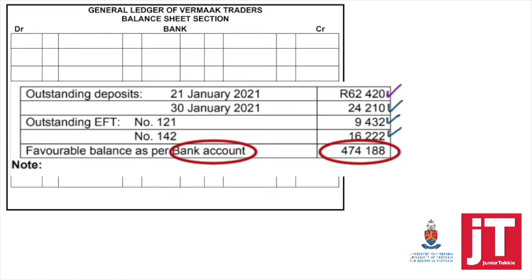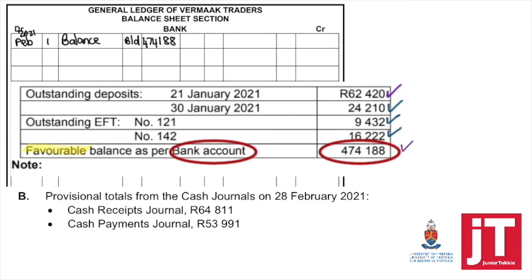Completing the bank account, we're going to start with the opening balance. Favorable balance as per bank account. Favorable balance means it will appear on our debit side. So balance brought down 474,188.